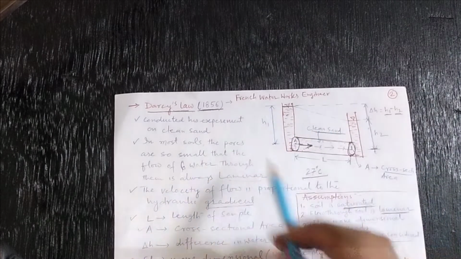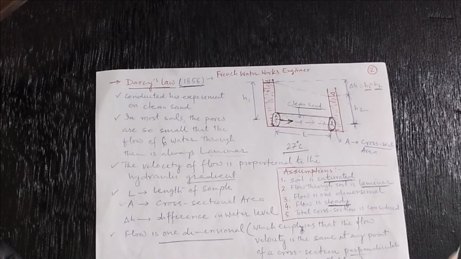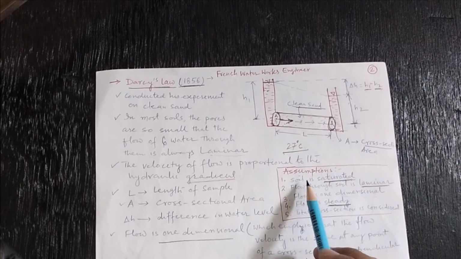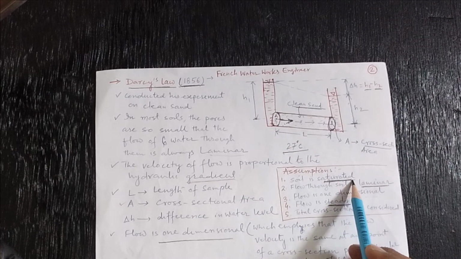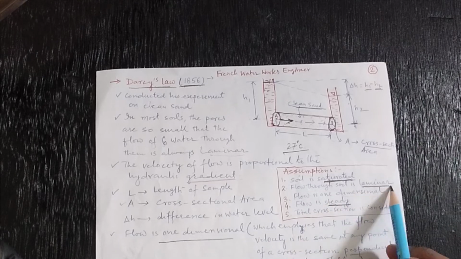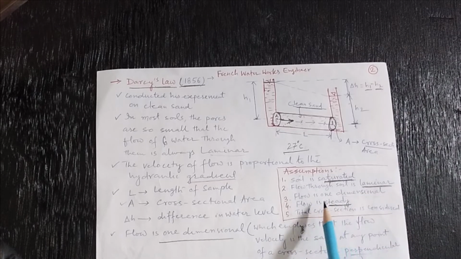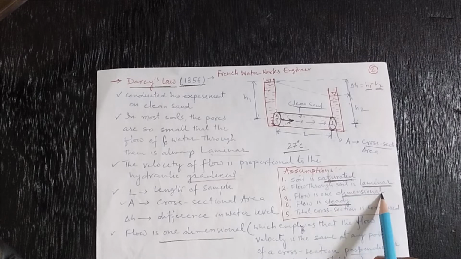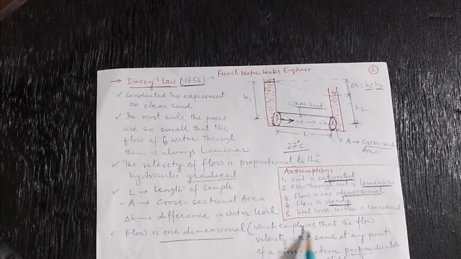Before conducting the actual experiment, Darcy assumed that the soil is saturated and the flow through soil is laminar. Flow is one-dimensional, which means the flow velocity is the same at any point of a cross section perpendicular to the direction of flow.